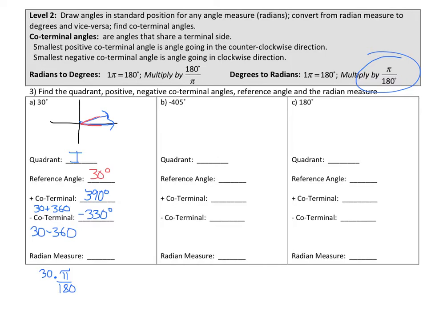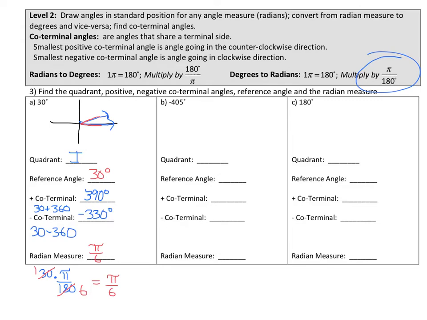I can simplify this by dividing 30 and 180 both by 30. 30 divided by 30 is 1, 180 divided by 30 is 6. So I end up with pi over 6. That is the equivalent radian measure of that angle.